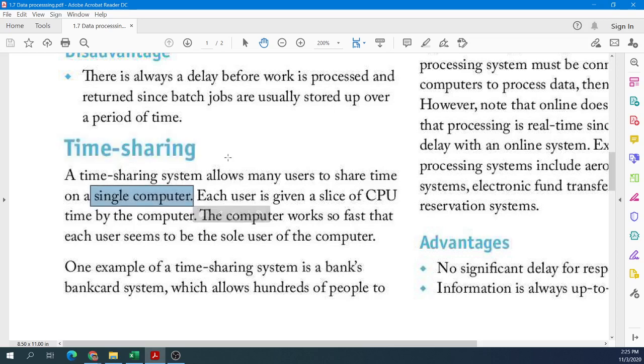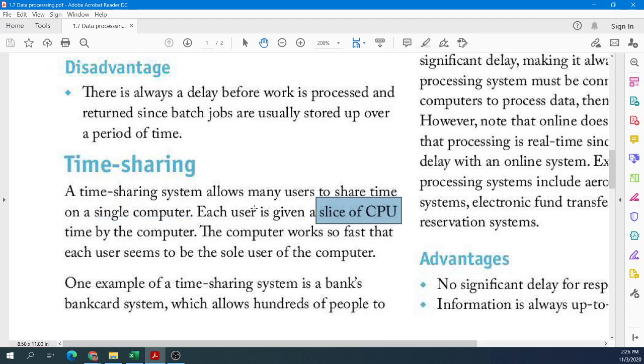So instead of you using your laptop all of the time, you can set it up in such a way that multiple persons are allowed to use your computer, your laptop at the same time. So what happens is that each user is given a slice of the CPU time.